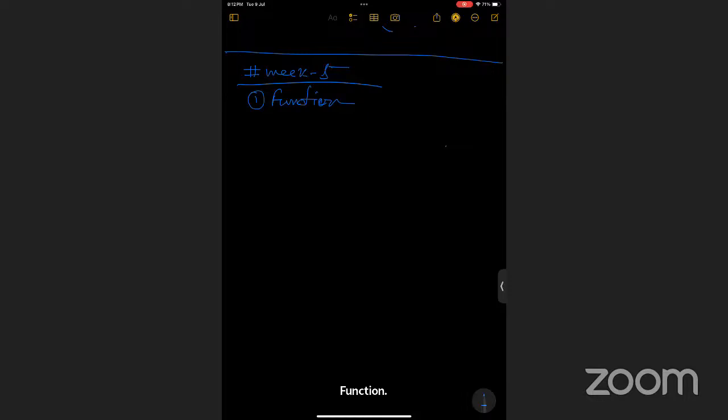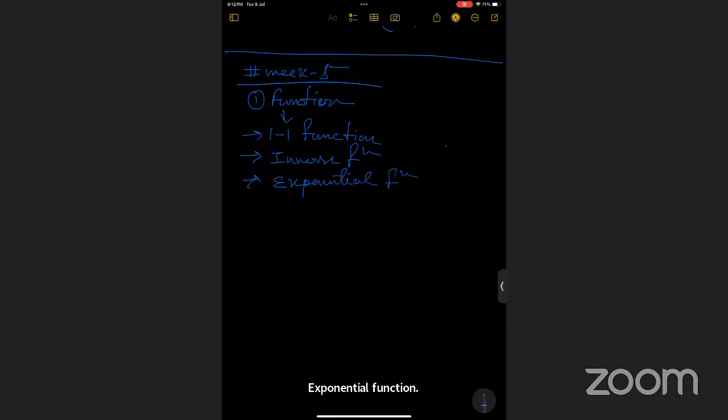Here we have seen one-to-one function, inverse function, exponential function, and then we have seen composition of functions, right? Yeah.